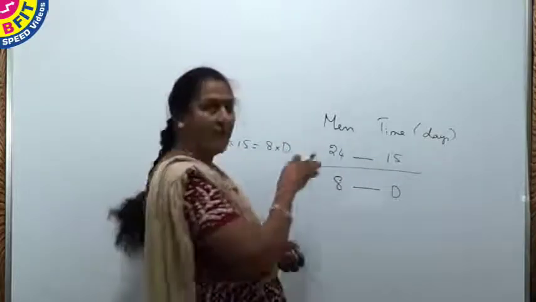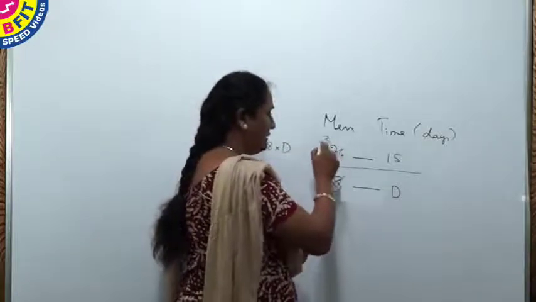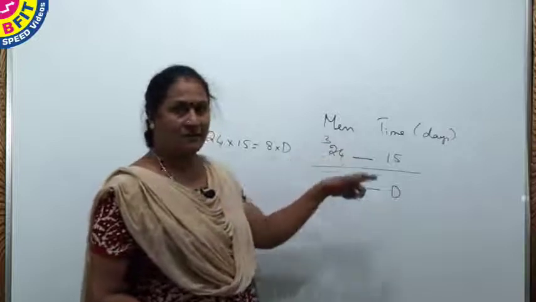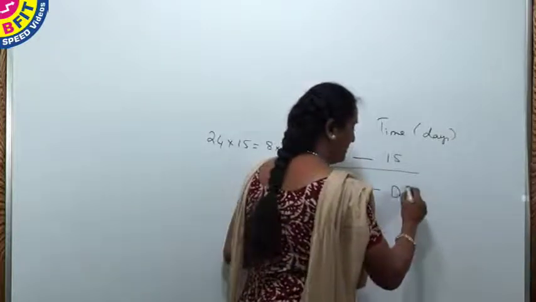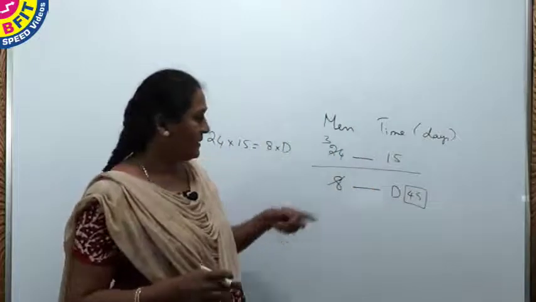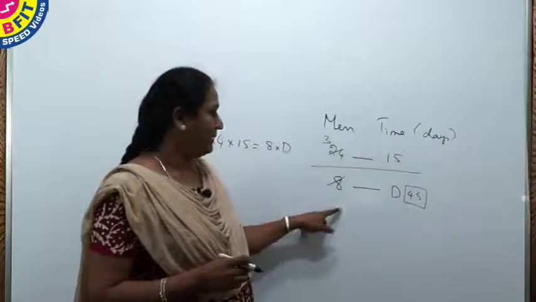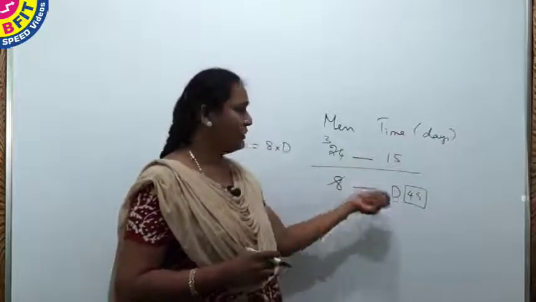If you have a common factor, simplify. 8 and 24 cancel, the remaining numbers are 3 and 15. The product is 45. As these variables vary inversely, the parallel product is the same. So for 8 men, they need 45 days to do the same work.